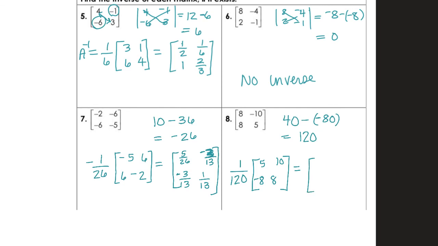Holy cow, what's that going to be? 1 over, oh my gosh, 5 goes into 120, 24. Okay. And then we've got 1 over 12. What about 8 over 120? Oh my. Negative what? 1 over 15. And positive 1 over 15.